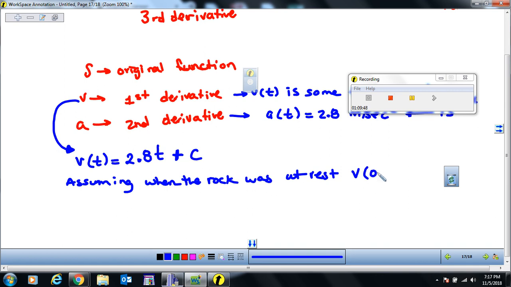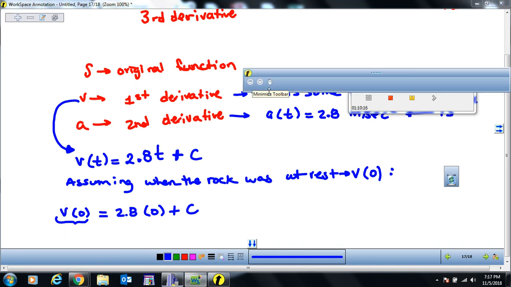So v of 0 equals 2.8 times 0 plus the c, the constant of integration. When the time was 0, the velocity is 0, right? That's what I missed here.